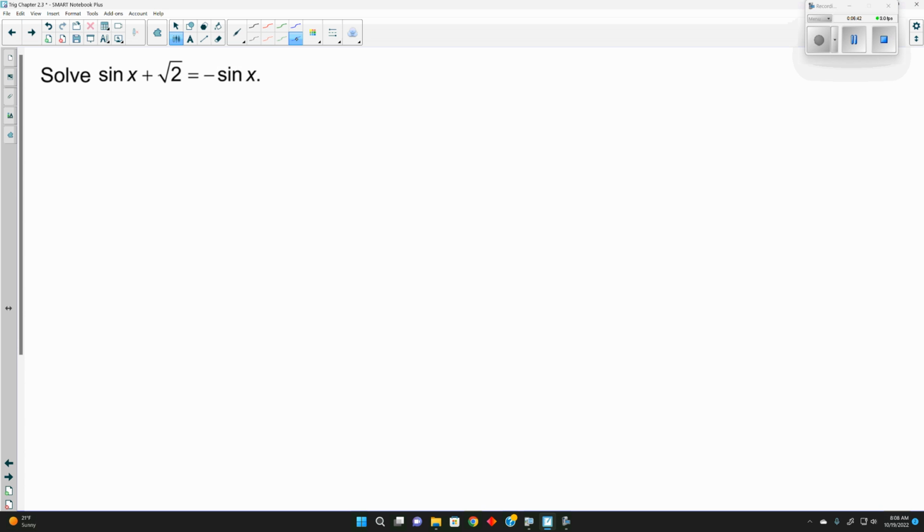You don't have to write this down. I'm going to reset it a little. First, if I said that we had x plus the square root of 2 is equal to negative x, if we were solving this one here, what would we do first? Right, I would subtract the x from both sides.